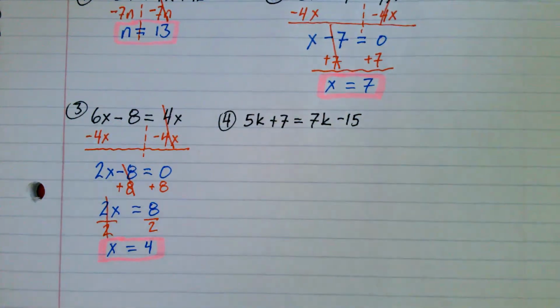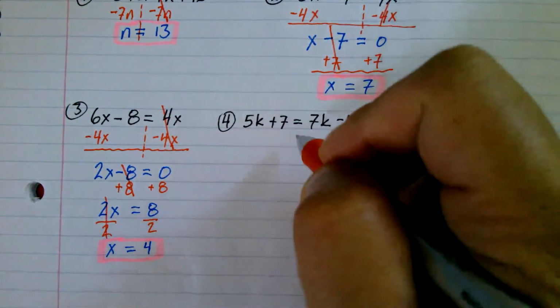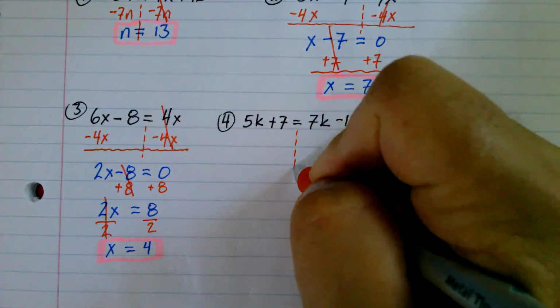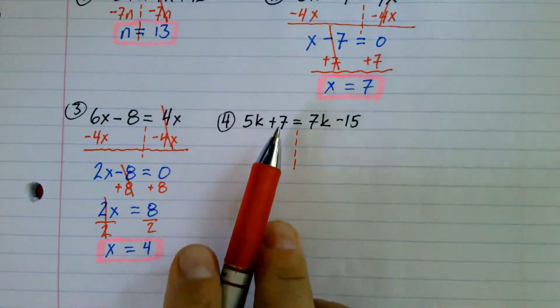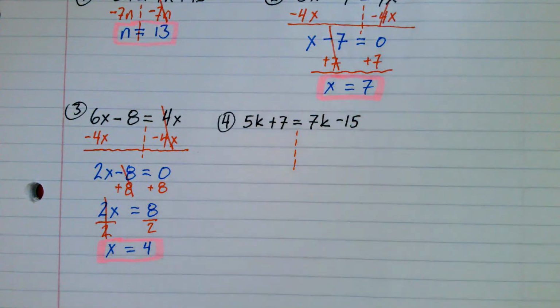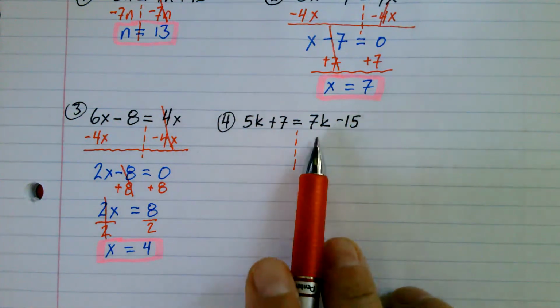All right. So I got variables on both sides. First thing you want to do is just look at the left side. Is there anything that I can combine on the left? Nothing I can combine on the left.